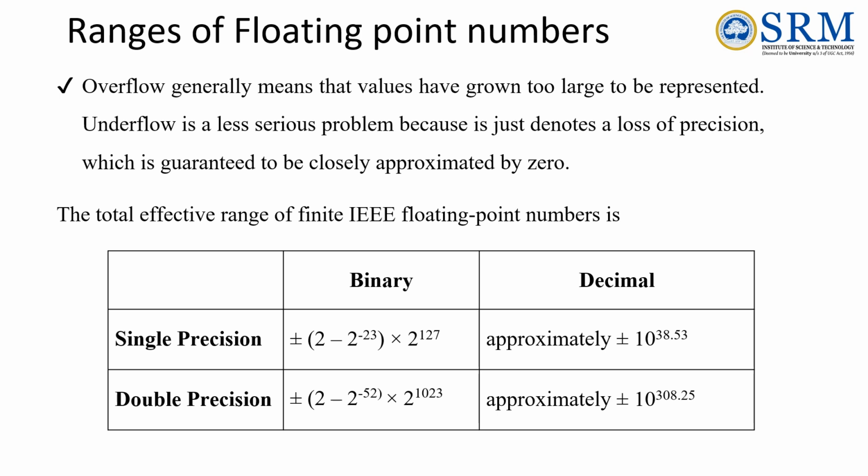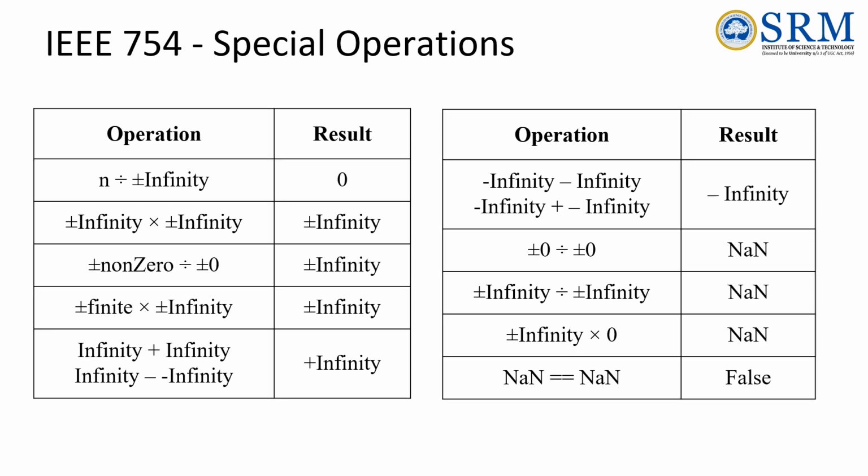So single precision is plus or minus (2 minus 2 to the power minus 23) times 2 to the power 127, approximately 10 to the power 38.53, whereas double precision is 10 to the power 308.25. So with this, thank you. Second unit is done.